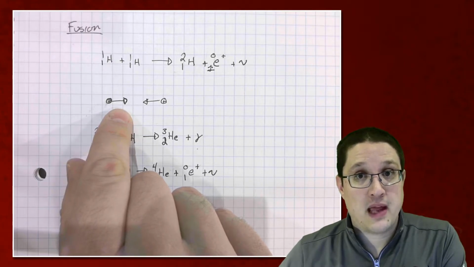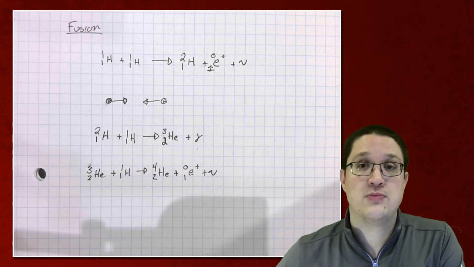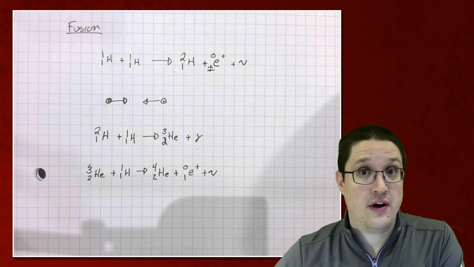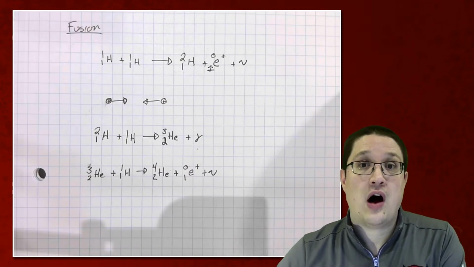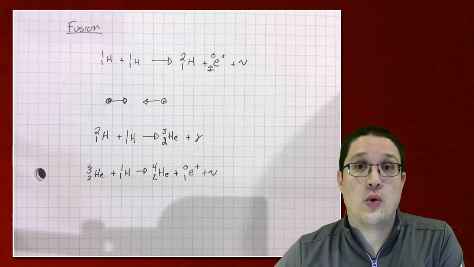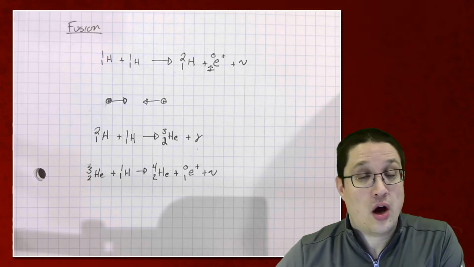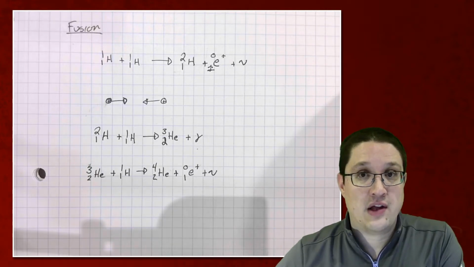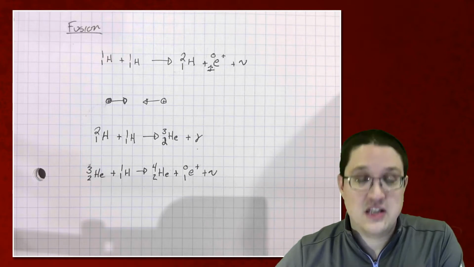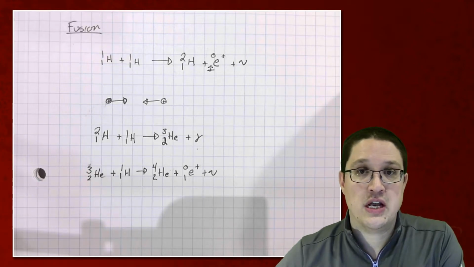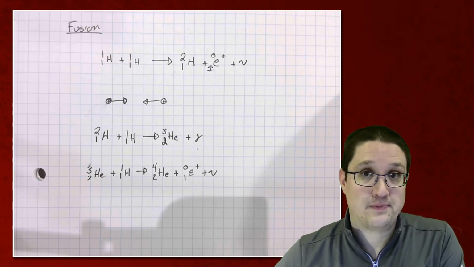If you remember from chemistry, when we have particles moving very quickly, we have high temperature. So in order to have hydrogen fusion happen, we need a very high temperature on the order of millions of degrees Kelvin in order to get these particles to have enough energy to collide and combine.